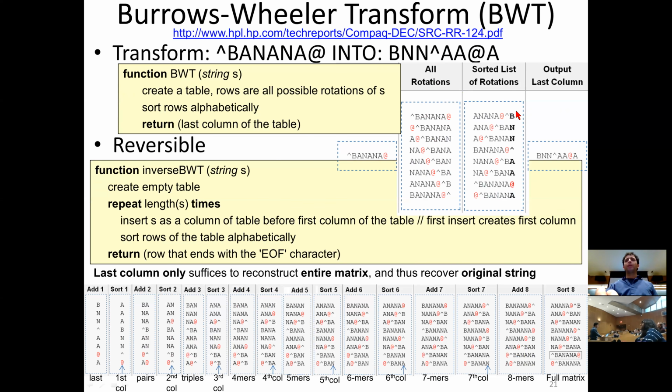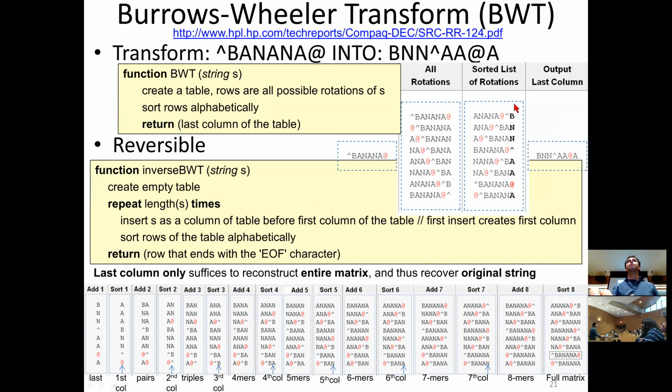So now, if I have the last column and the first column, what do they have that's special? If I have the last column and the first column, that means I have every doublet. Why? Because I can read BA here, and I can read NA there, and NA there, and so on and so forth.